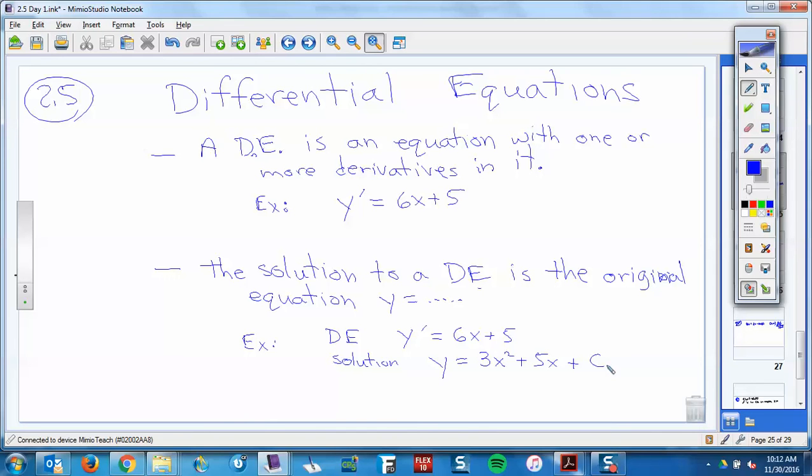I could ask you a question with this new terminology that would be the same thing you just got done doing in the last chapter, or last night's homework. Instead of me giving you this and saying find the antiderivative, I could give you y prime equals 6x plus 5 and say solve this differential equation. That sounds so much more impressive, right? Solve this differential equation. Well, what you're going to do is the antiderivative, because the solution to a differential equation is the original equation y.